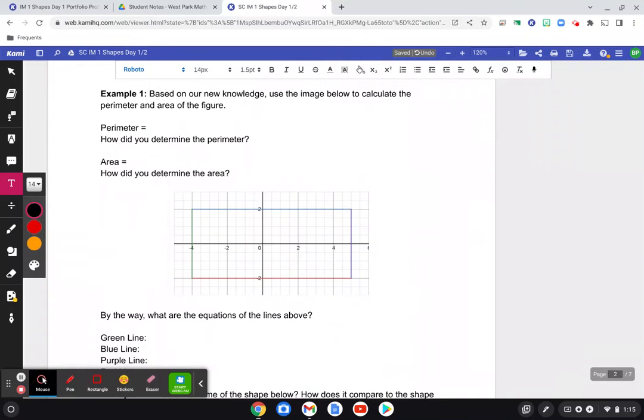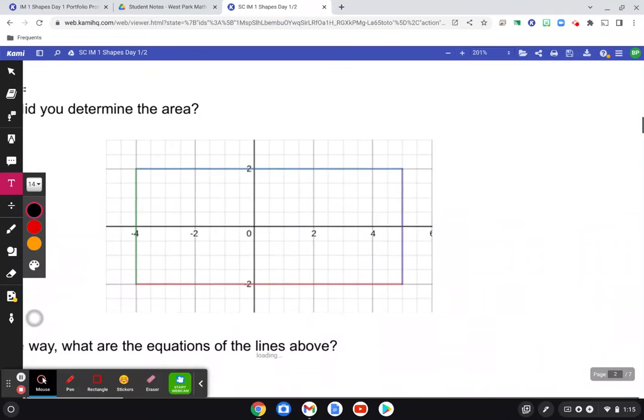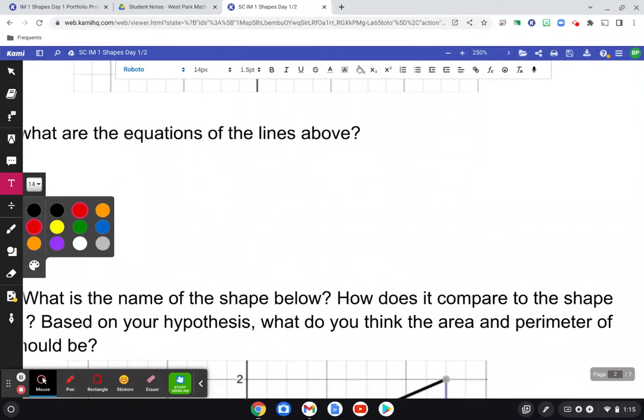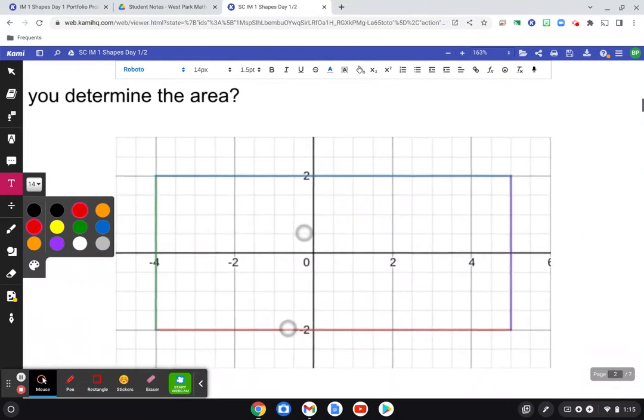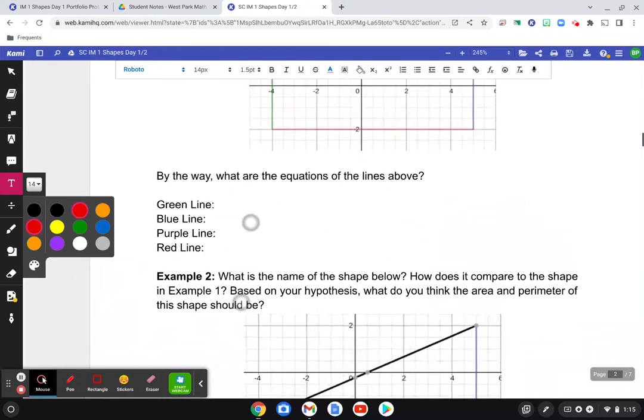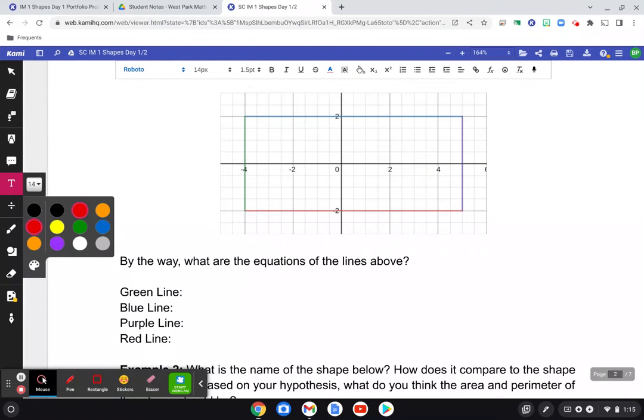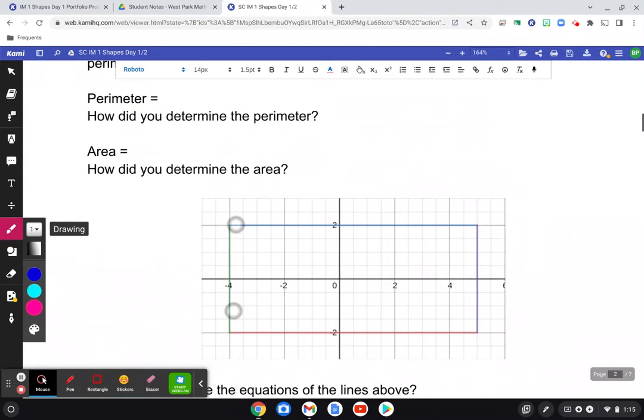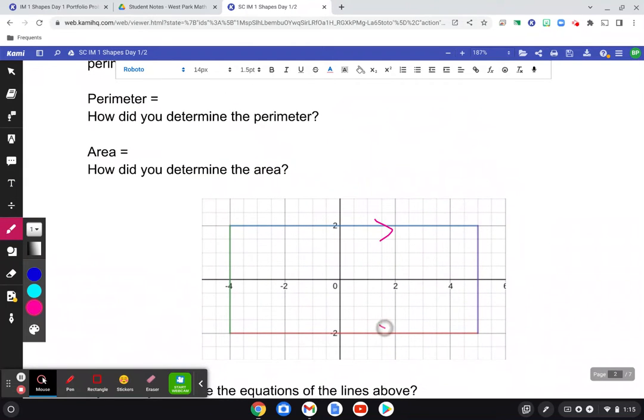So example 1 here, based on our new knowledge, use the image below to calculate the perimeter and area. Now we define this as a rectangle because it has parallel sides. Let me actually get a marker. It has parallel sides. The blue and the red are parallel. And it has another set of parallel sides right here, the green and the purple, which actually makes it a parallelogram.